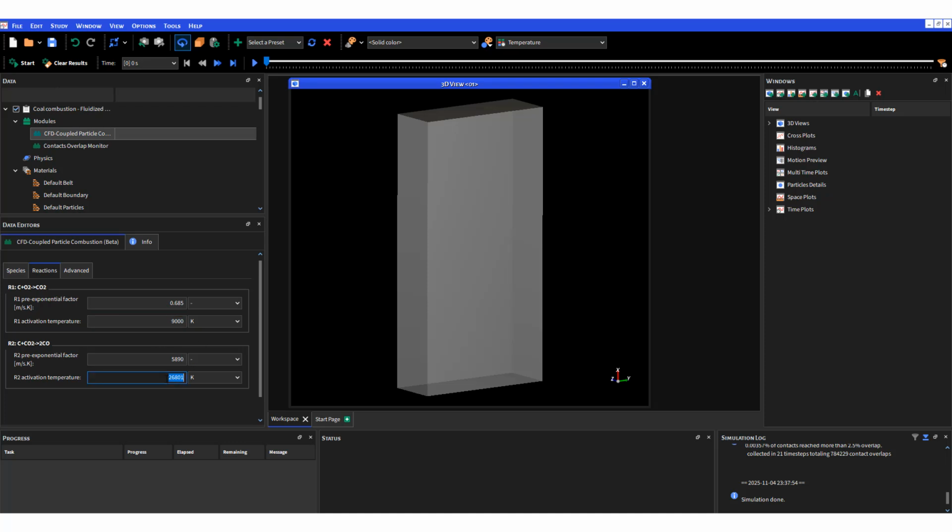I basically used the default values, and you can see that the activation temperature for reaction one is lower than the activation temperature for R2, indicating that likely this reaction can happen at a lower temperature than the second reaction.